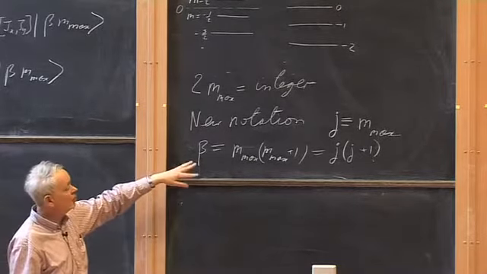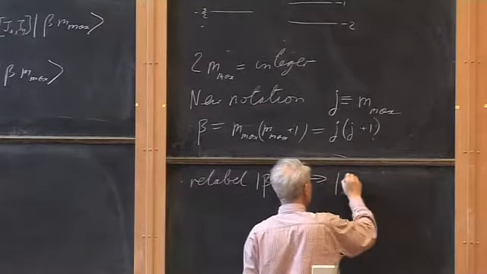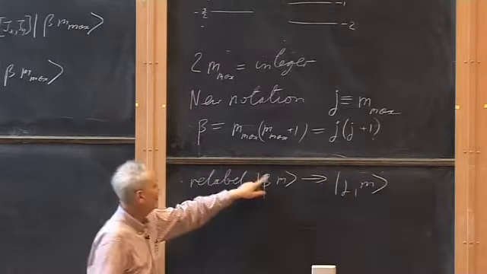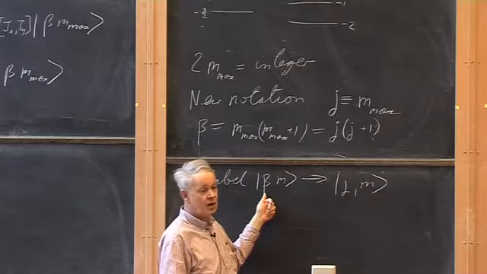So we relabel beta m to j m. Instead of using as the label in here that tells you how this state responds to J squared, instead of using the actual eigenvalue, you use this number, which is either an integer or a half integer, from which you can work out this eigenvalue, because this eigenvalue is j(j plus 1).